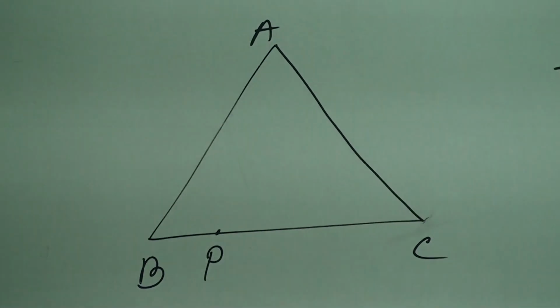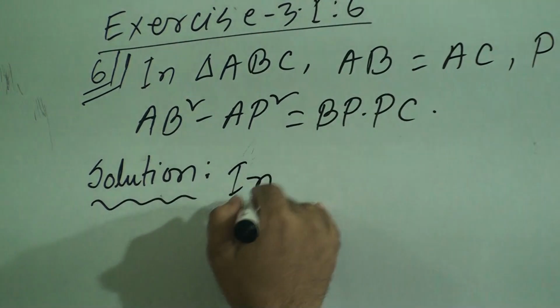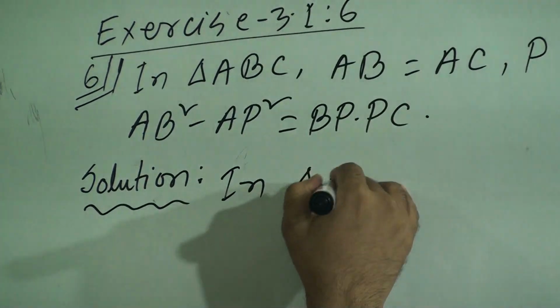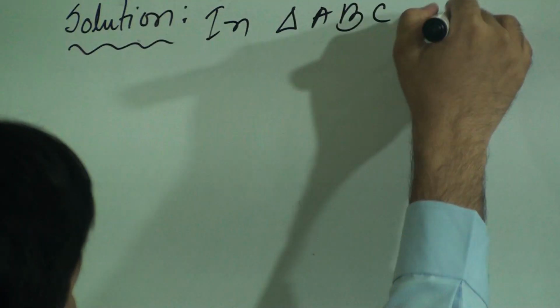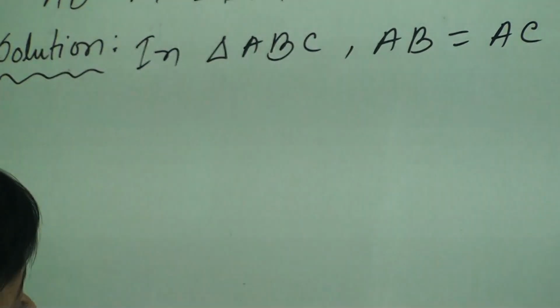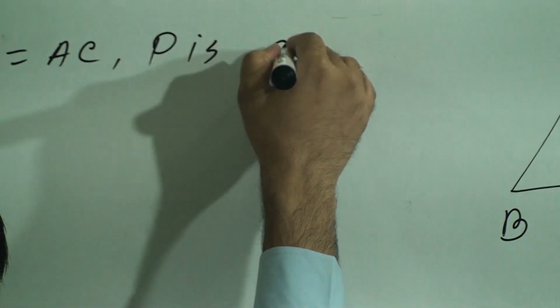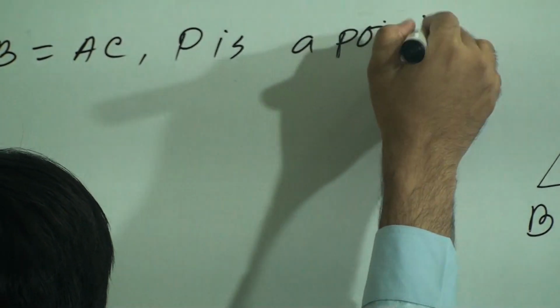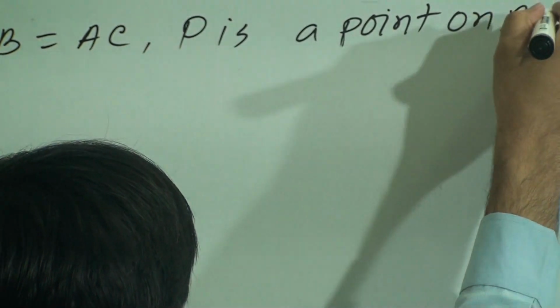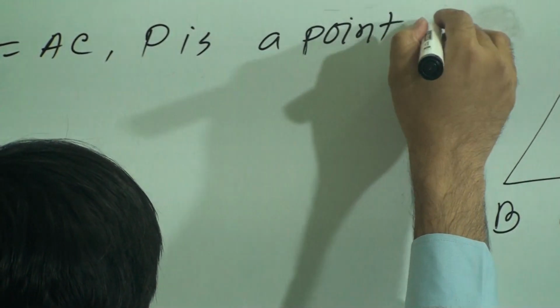So to prove this, at first we have to write the given information as special nomination. Given: in triangle ABC, AB equal to AC, so triangle ABC is an isosceles triangle. P is a point on BC.